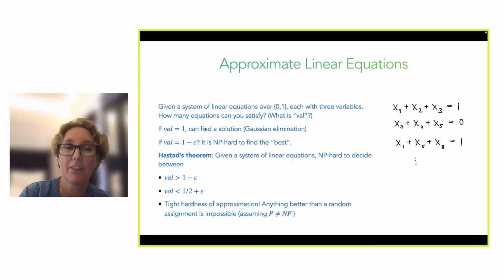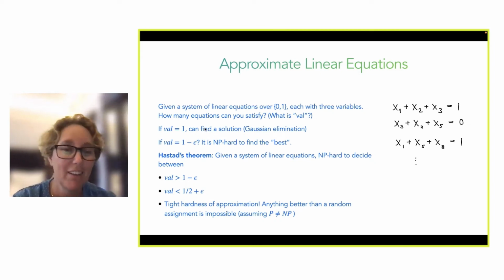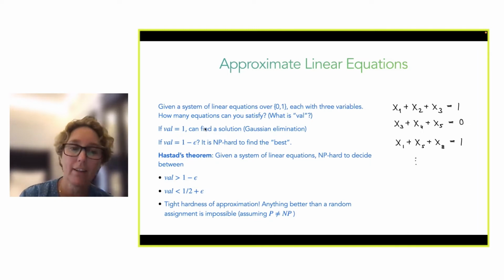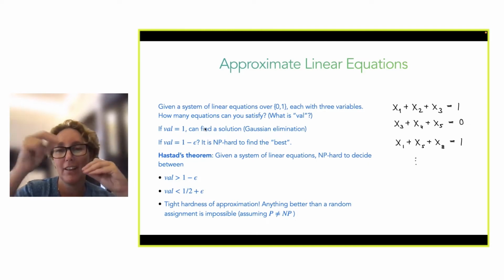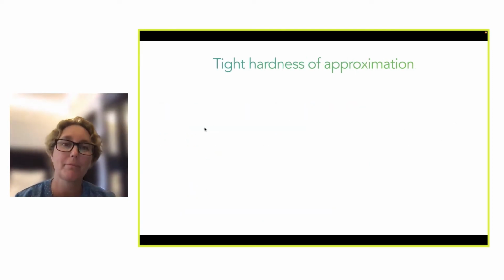Okay, and Hastad's theorem also proved the same for 3-SAT and for many other problems. And this was the opening shot for a huge amount of work on tight hardness of approximation, proving for different problems exactly how hard the approximation is, and finding this number that exactly meets the best known algorithm.